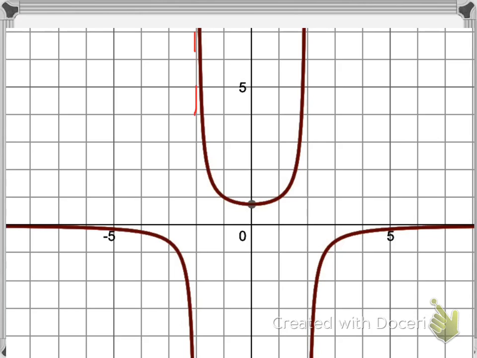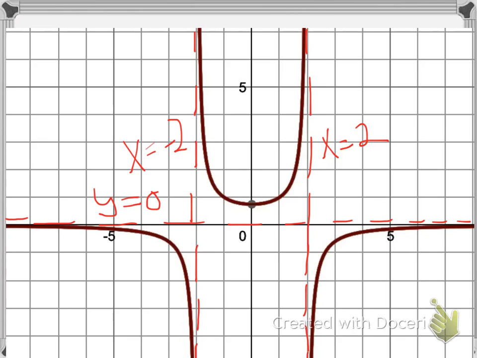Here's one vertical asymptote, at x equals negative 2. Here's my other vertical asymptote, x equals 2. And my horizontal asymptote is right here, y equals 0. And then you just sketch the graph.